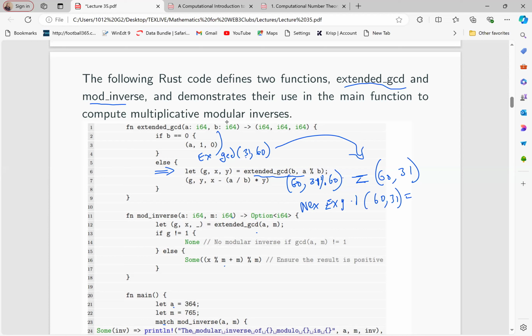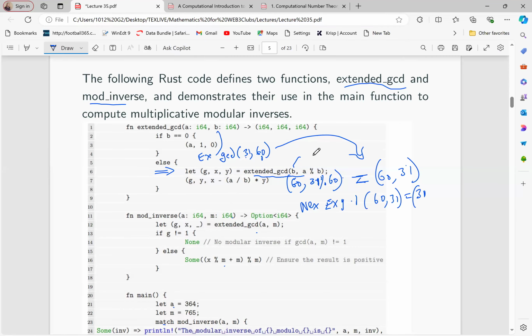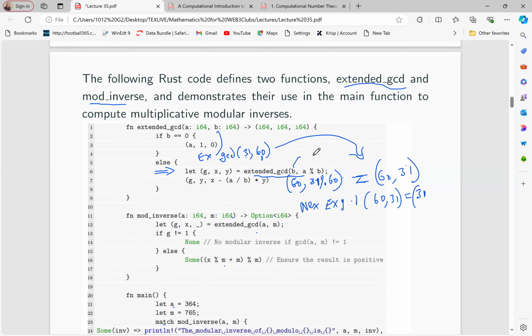What was B becomes A. In this case, our B is now 31. You can hear me, is that okay? Yes, so I'm just telling you how it works. What was B becomes A. And our new B is the remainder of 60 on division by 31.